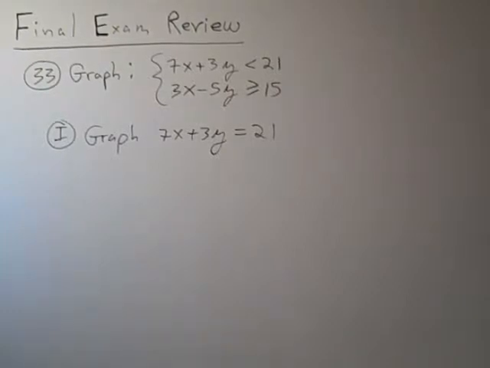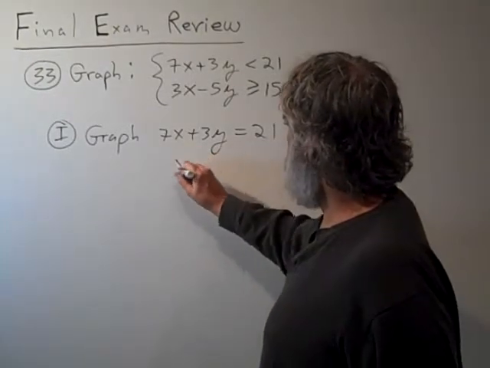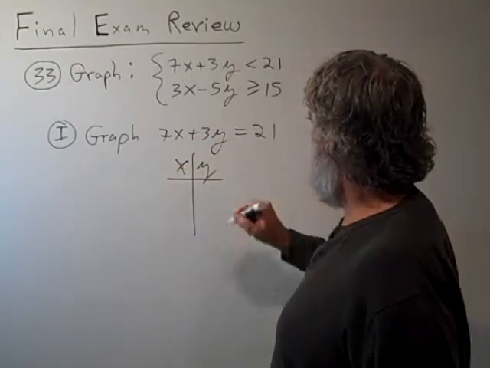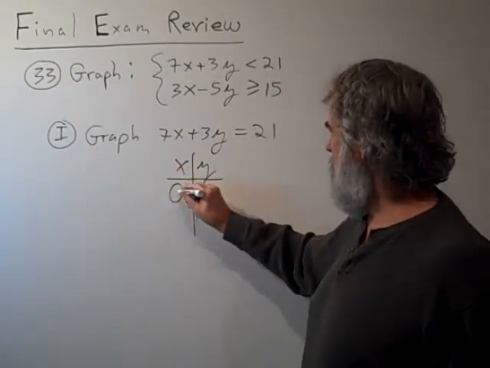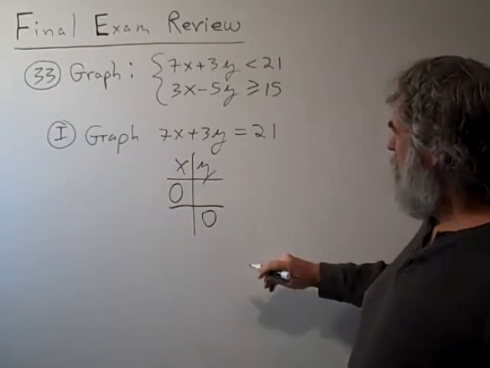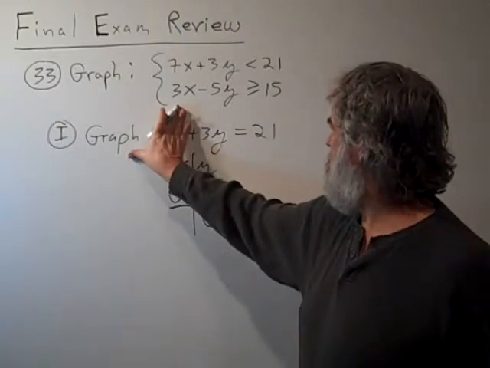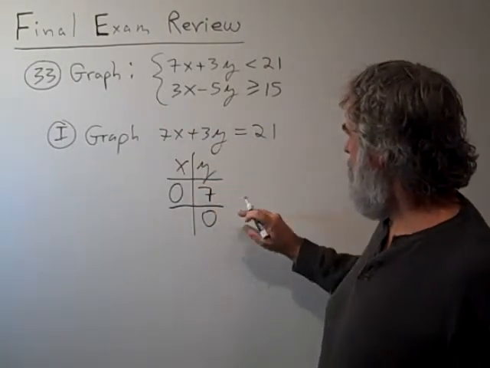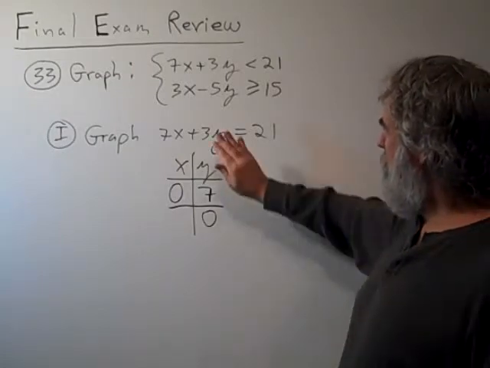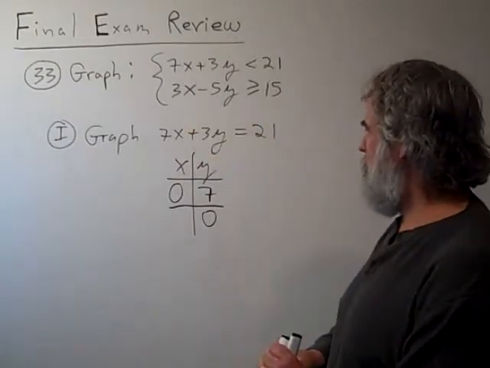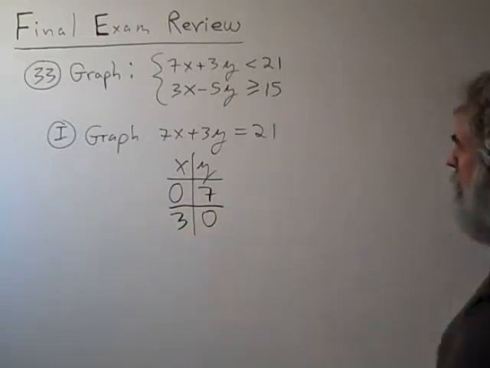So we need 2 points on the line to graph it. The intercepts are nice in this case. If x is 0, then 3 times 7 is 21, so y is 7. And if y is 0, then 7 times 3 is 21, so x must be 3.